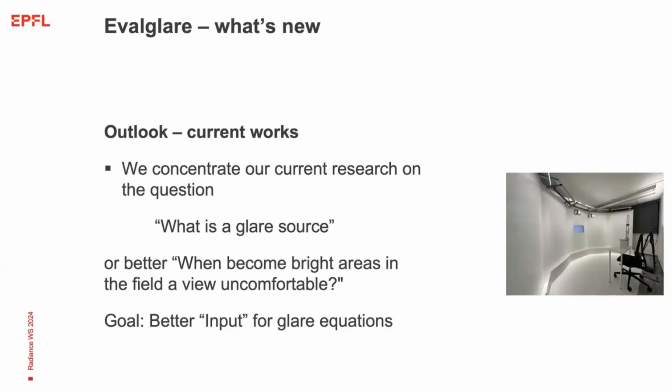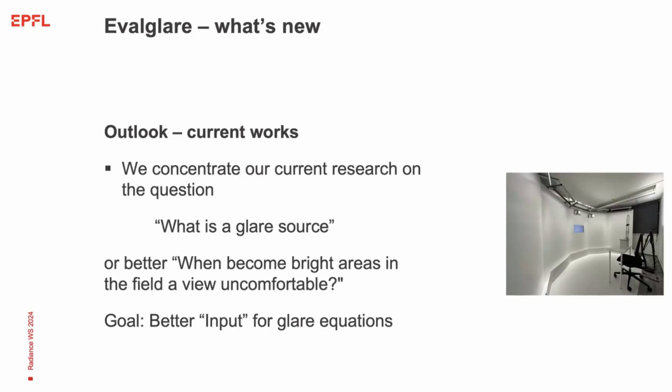It becomes especially relevant when you have a gradient and not a sharp border between something that is bright and the darker background. If you have a gradient, then it's a question, where do you cut? And this determines then your glare source.